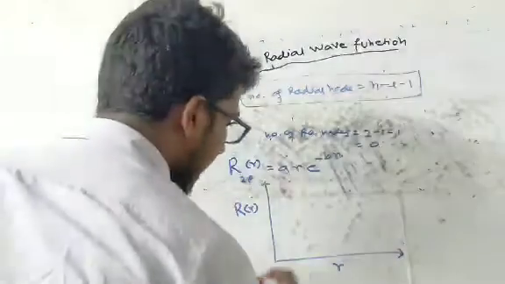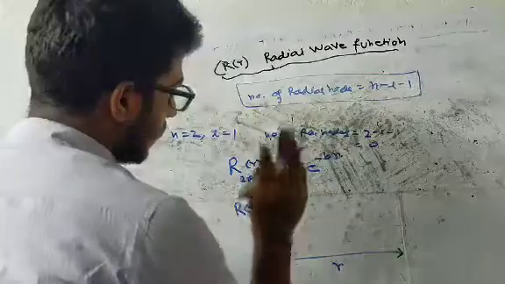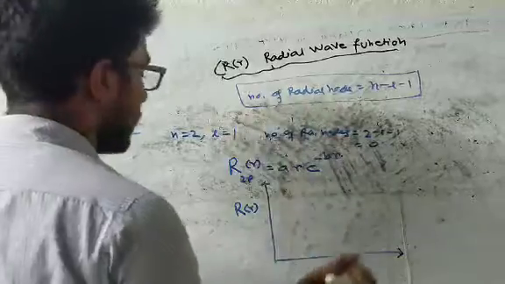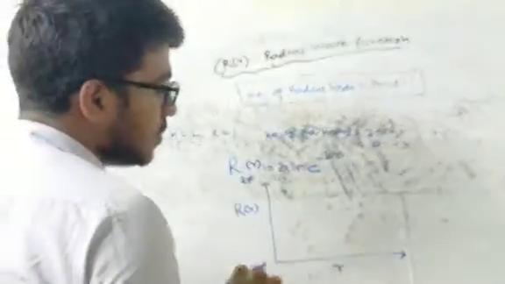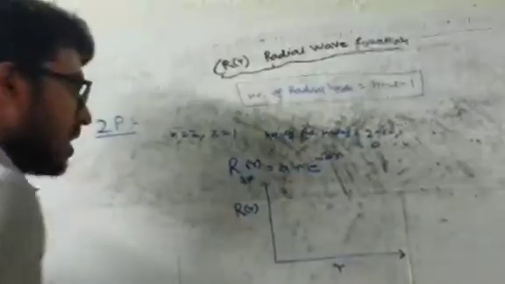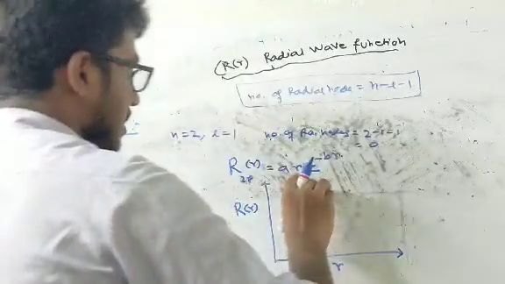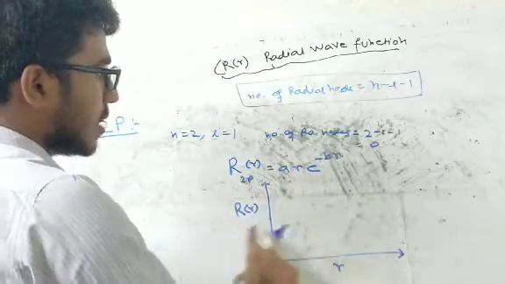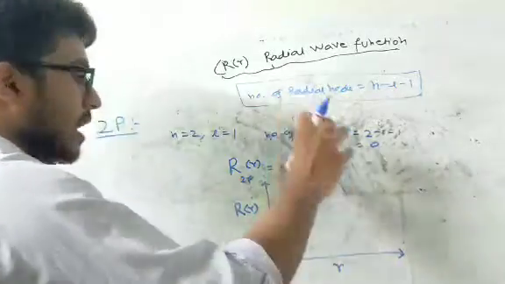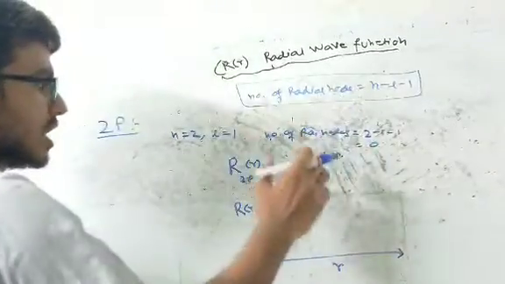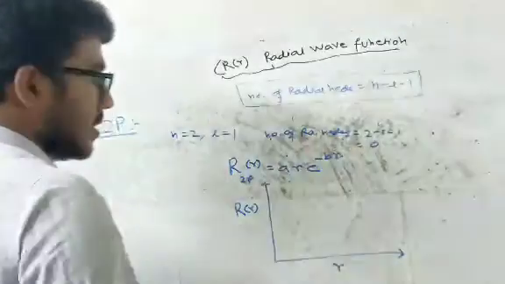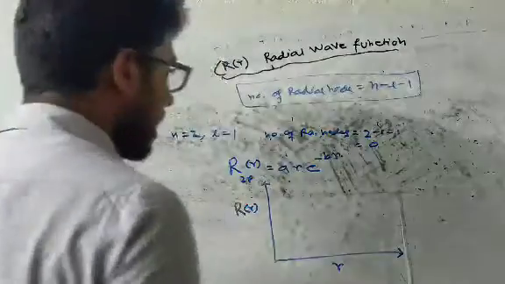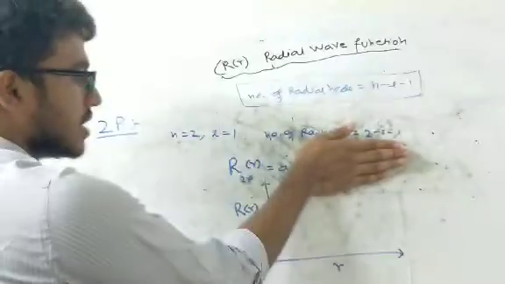Now, as there is no radial node for this 2p orbital, this curve will never touch the r-axis. Now look at this equation. This factor r tries to increase the value of R(r), and this exponential part tries to decrease the value of R(r).